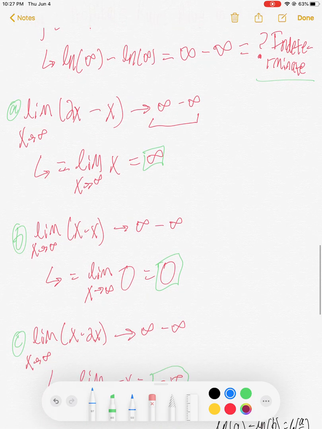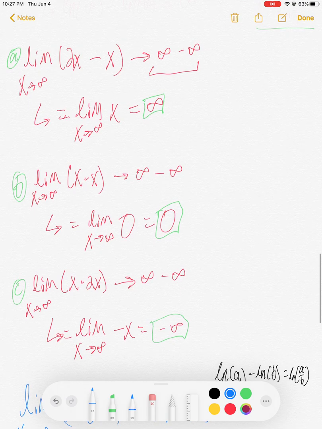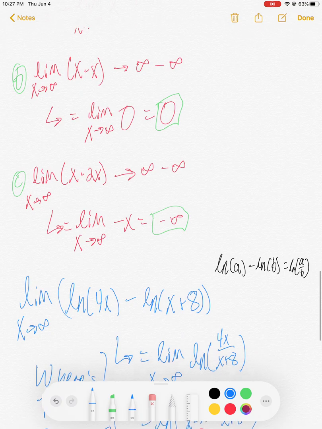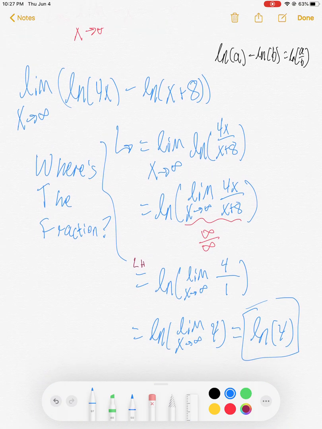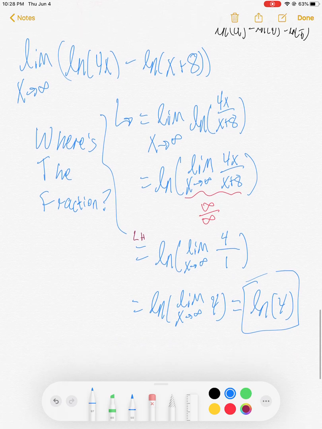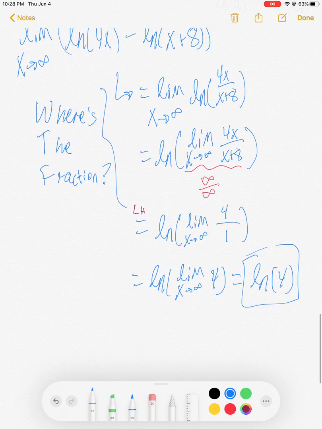Whereas in this problem, we don't have a fraction immediately, and so it's much less obvious. But whenever we plug in infinity, sure enough, we do get an indeterminate form. The reason infinity minus infinity is indeterminate is that alone doesn't give us any information about what the limit could be. It could be a number of things.